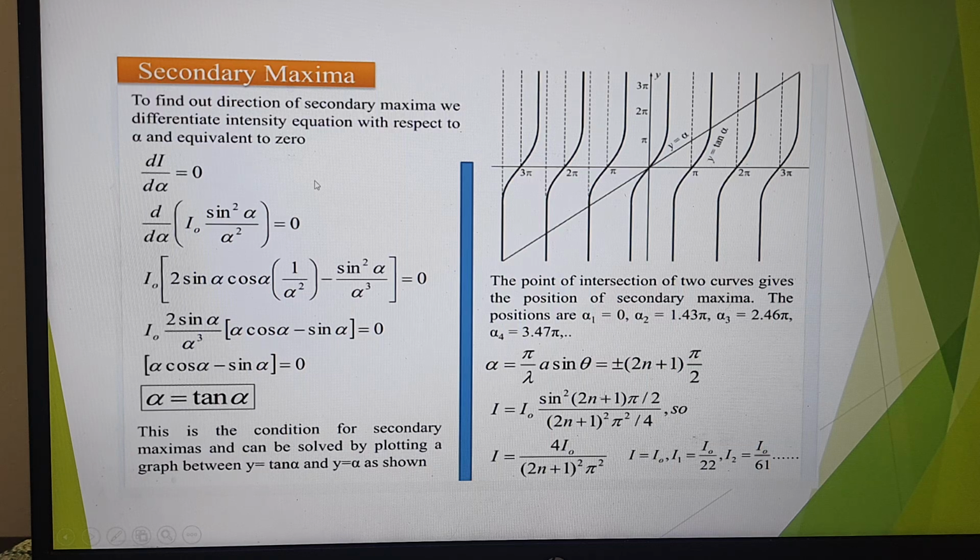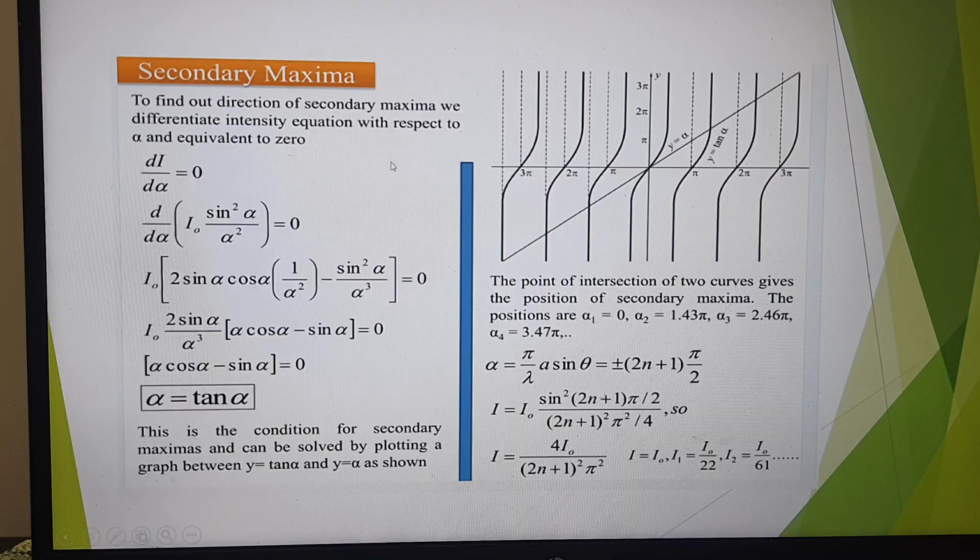Then coming to the differentiation for the secondary maxima, we are differentiating the intensity equation with respect to alpha and equating it to 0. It is not completely 0, but it is equivalently 0.